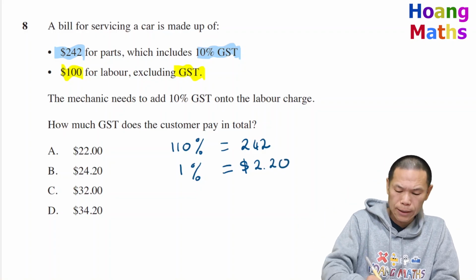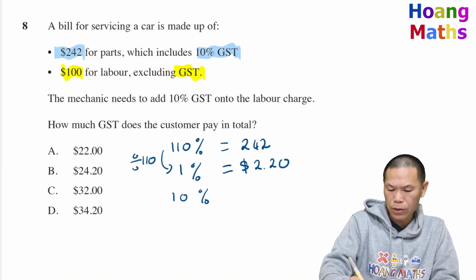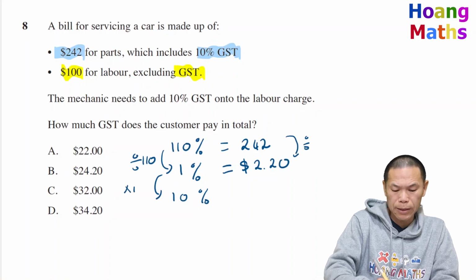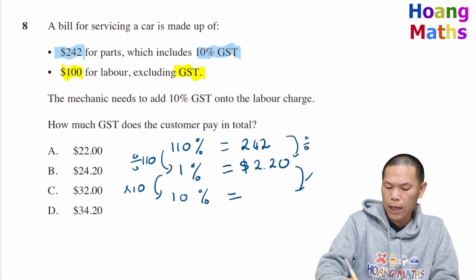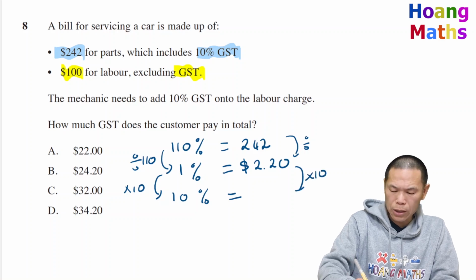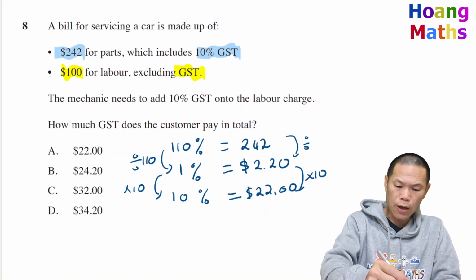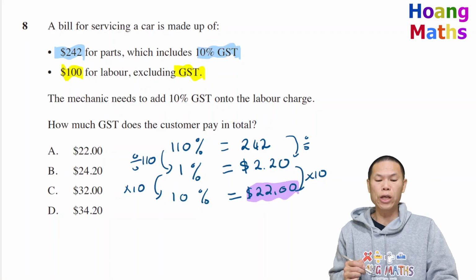Therefore 10%, that is GST. So from here to here, I divide by 110, so I do the same thing on the other side, and I times 10, because 10% is times 10. So that means $22.00 for parts. That is the GST.